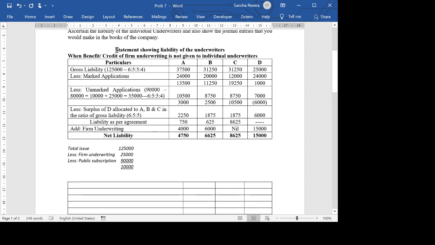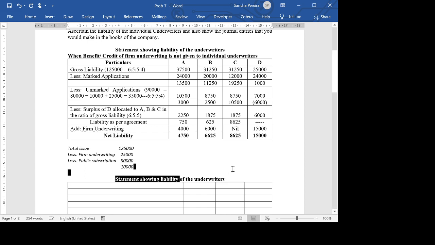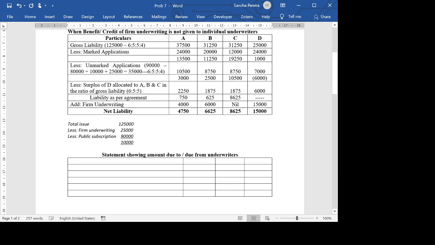statement showing amount due to slash due from underwriters. Statement showing amount due to slash due from underwriters.